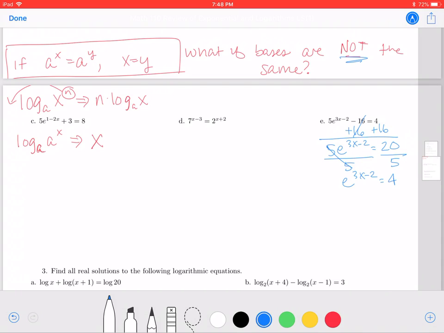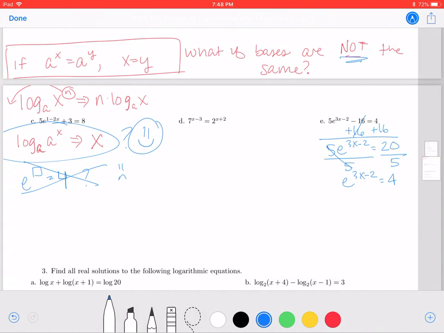Okay, so let's think about this the same way we did in C. Is there something where I can rewrite 4 as e to some power? e is like 2.718. So I'm going to say no. Sad face. But can I use this rule? Happy face.